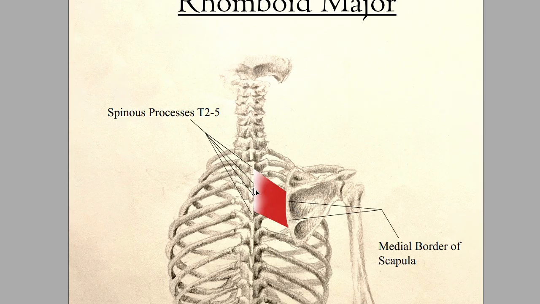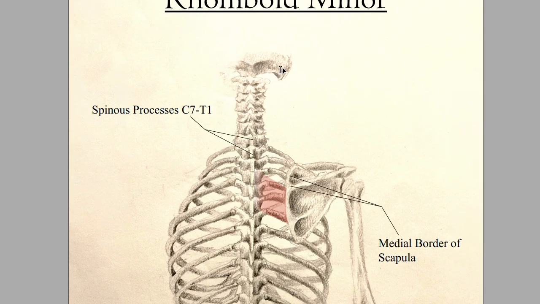All right, and then the next muscle we're going to look at is the rhomboid minor. Okay, the rhomboid minor is also going to insert onto the medial border of the scapula, and it's going to insert on the vertebra directly superior to the ones that the major was attaching to. So this is going to attach to the spinous processes of C7 and T1. All right, so it's two of them.